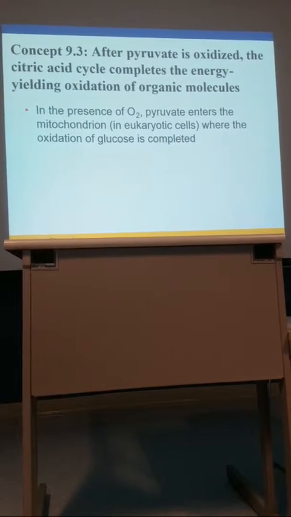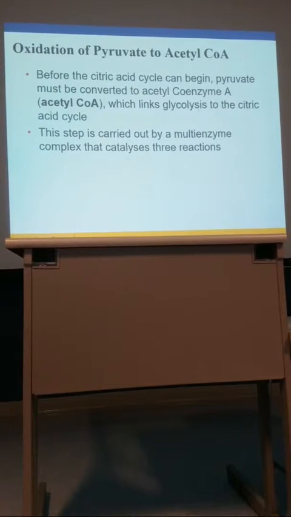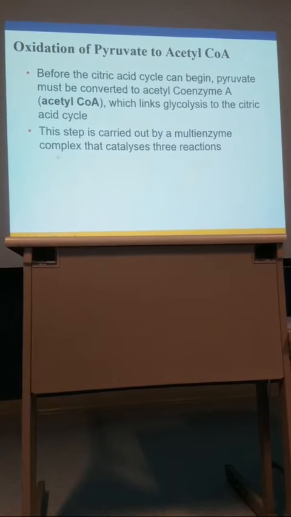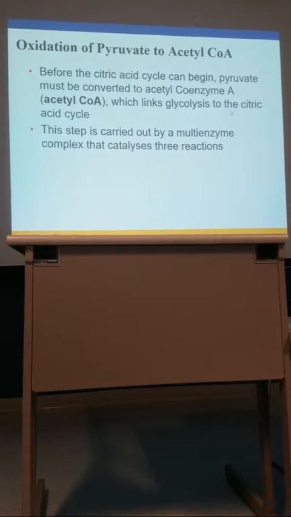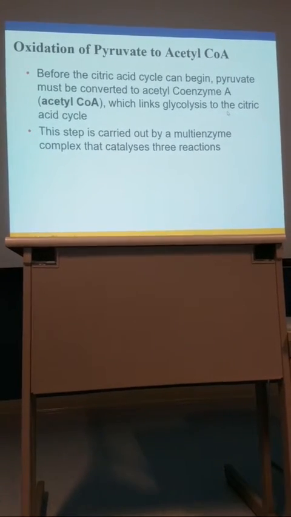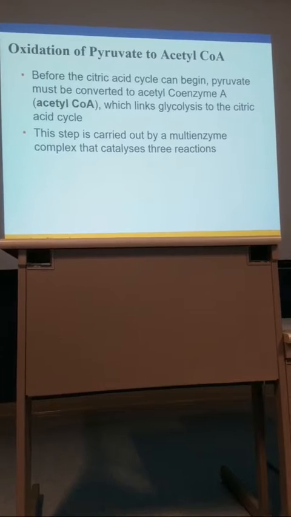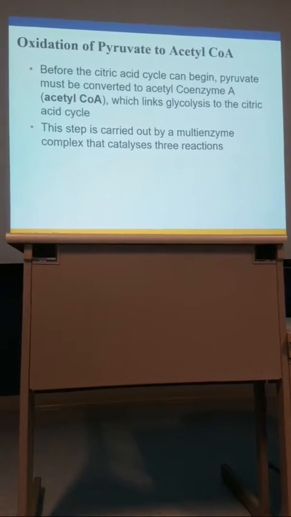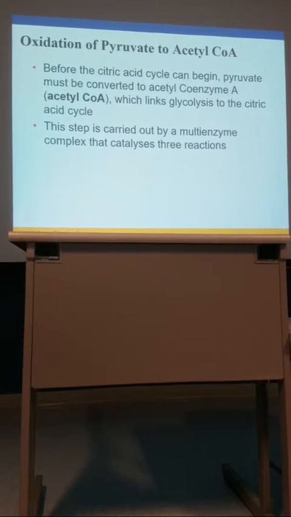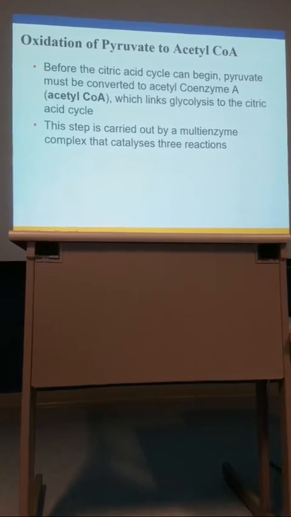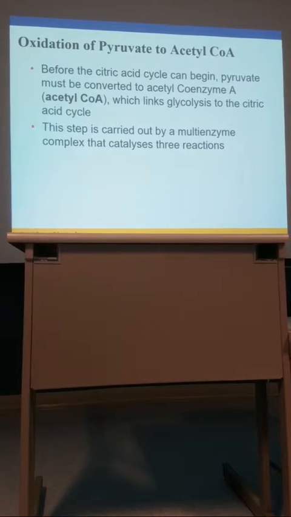You need to understand how pyruvate gets across the membranes. We've already talked about making a carbon dioxide, combining with coenzyme A to make acetyl-CoA. Once it goes across the membrane with the help of protein carriers, it will release the CoA. The acetyl group will then combine with oxaloacetic acid, or oxaloacetate, to make citrate.